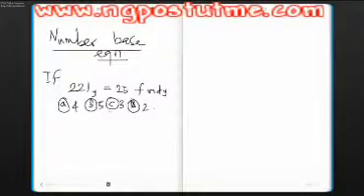So we have to solve this. The best way to do this is to use all the options. If 4 is the answer, then 221 base 4 should give me 25 in base 10.